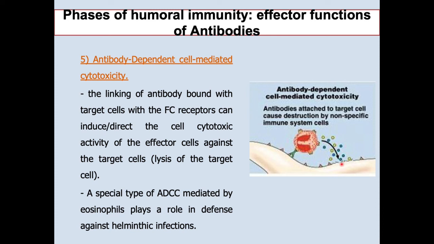A special type of ADCC mediated by eosinophils plays a role in defense against helminth infection. So ADCC works for normal antigens, and it also works well for parasites, for example helminth infection, worms.